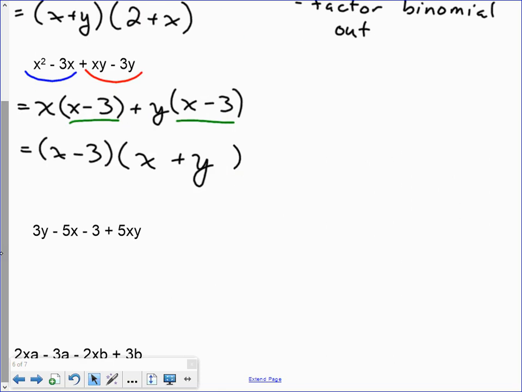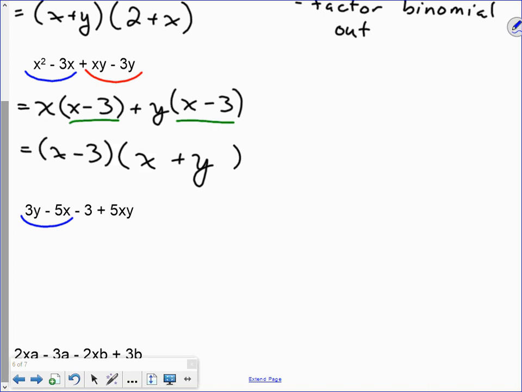And finally, our trickiest one here, 3y minus 5x minus 3 plus 5xy. First we look at it, there's nothing common to all 4 of the terms. We can group our first 2 terms together, and we can look to common factor them. But once we've done that, we notice that there isn't anything common to those first two terms.